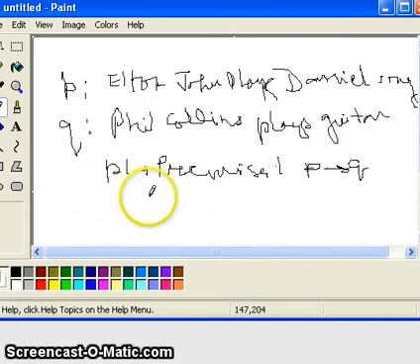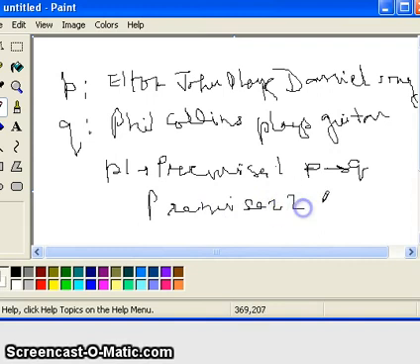So the premise 2 is Q. Then you can say therefore, this 3 dots that you see means therefore, and you have to put a line underneath.